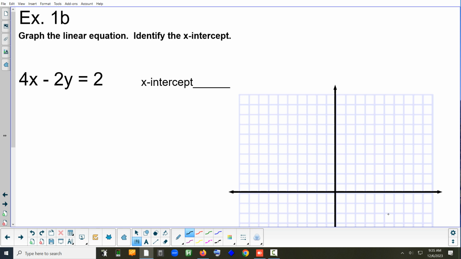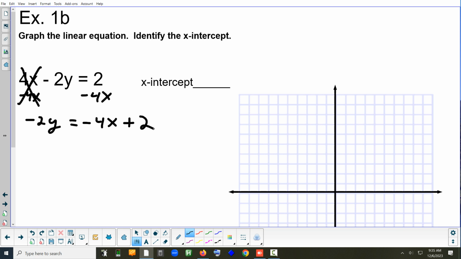And how would you move 4x? We're going to subtract 4x from both sides. So that's gone. Now we have -2y equals, and what would we have on the right side? -4x plus 2. We're going to put the -4x first, the +2 second.